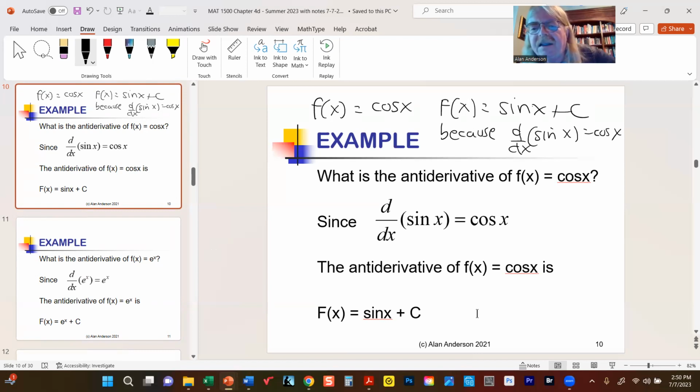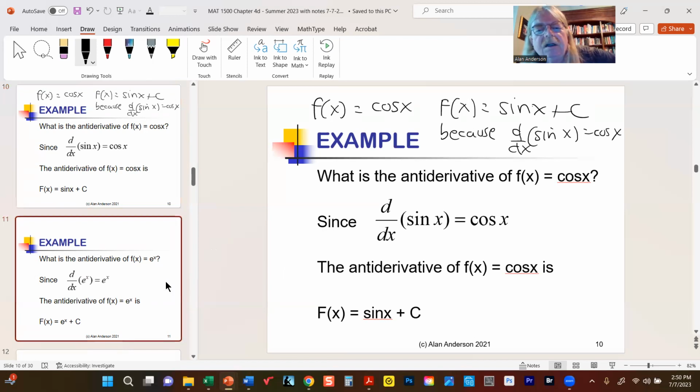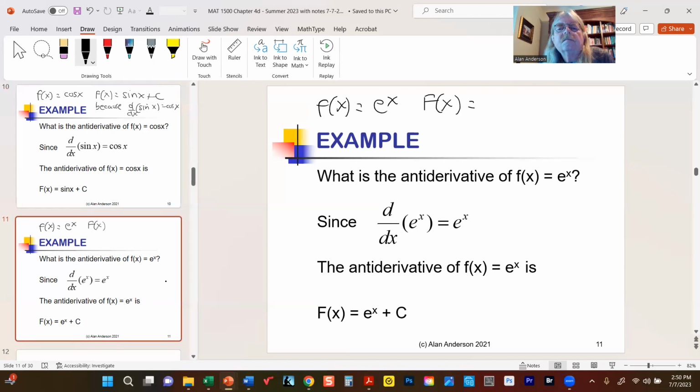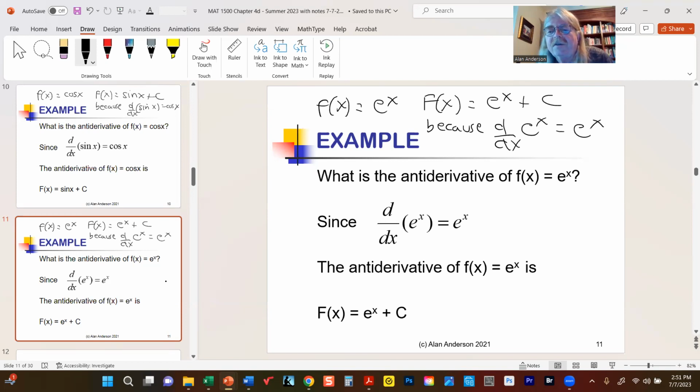And of course, don't forget the c. All right, I think there's a couple more here. Look at this one, e to the x. The derivative and the antiderivative are both e to the x, but here we do need the c.